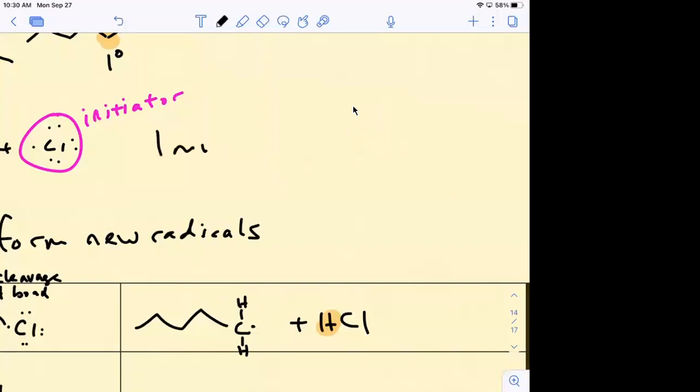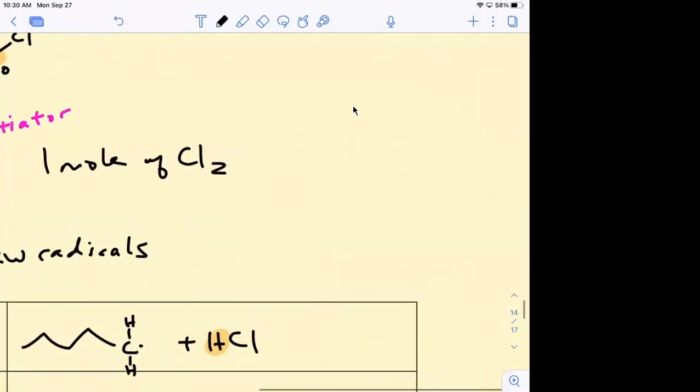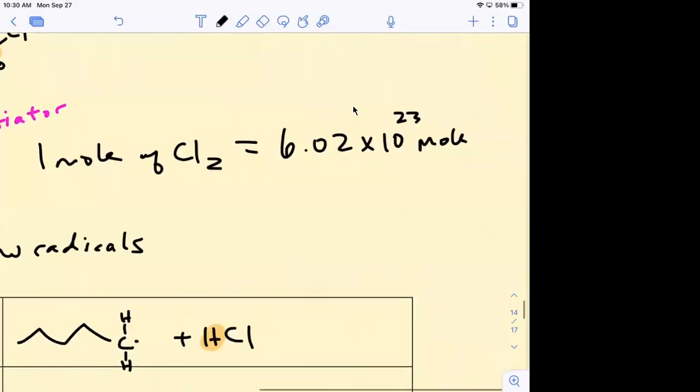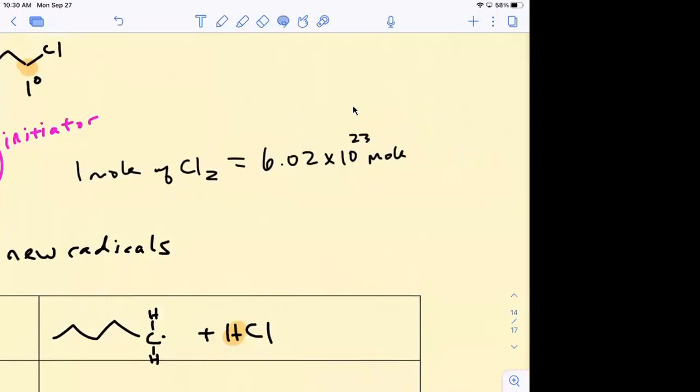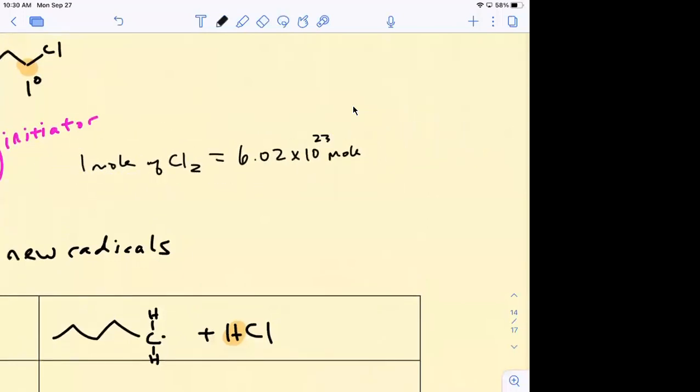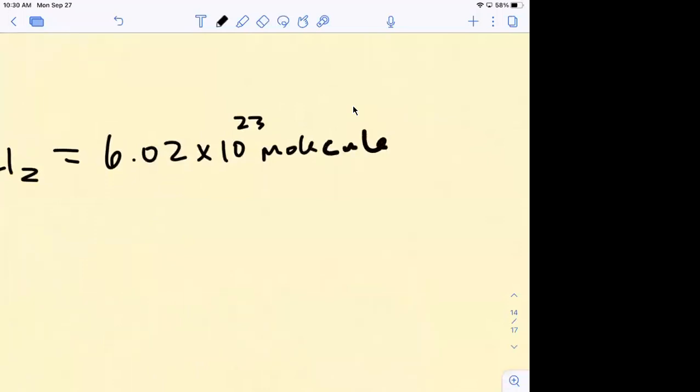One mole of Cl2 molecules is going to be 6.02 times 10 to the 23rd molecules per mole, right?